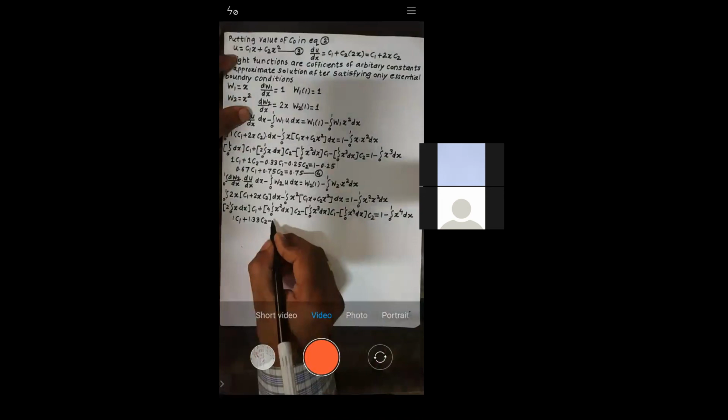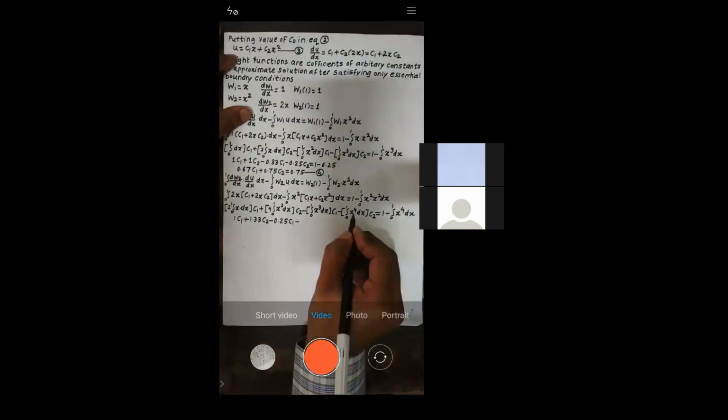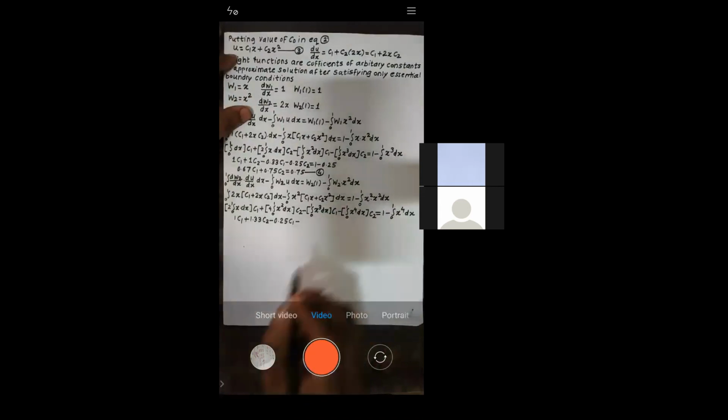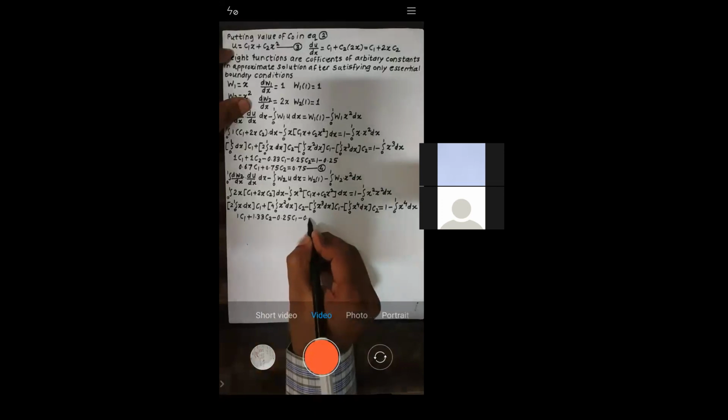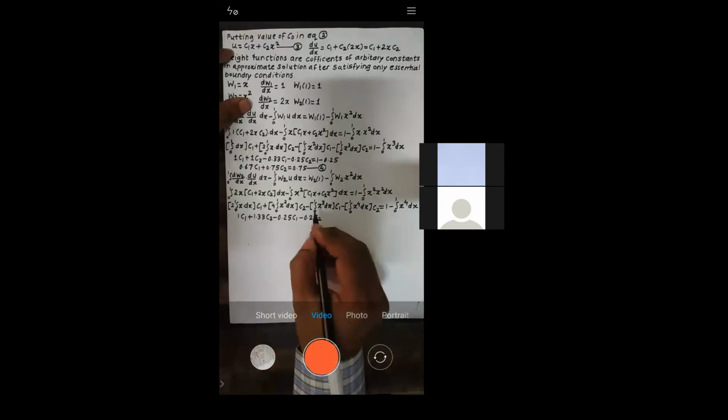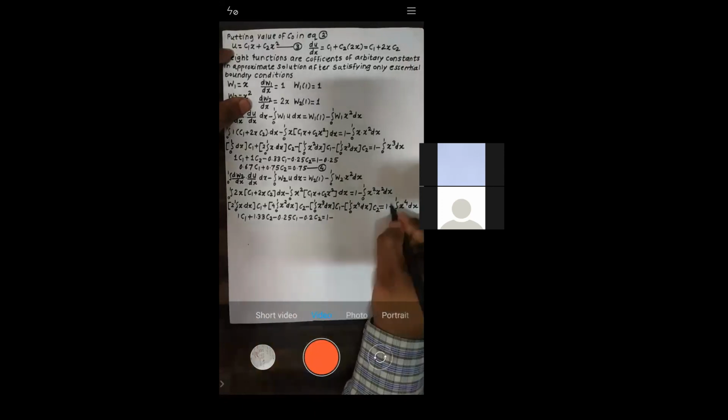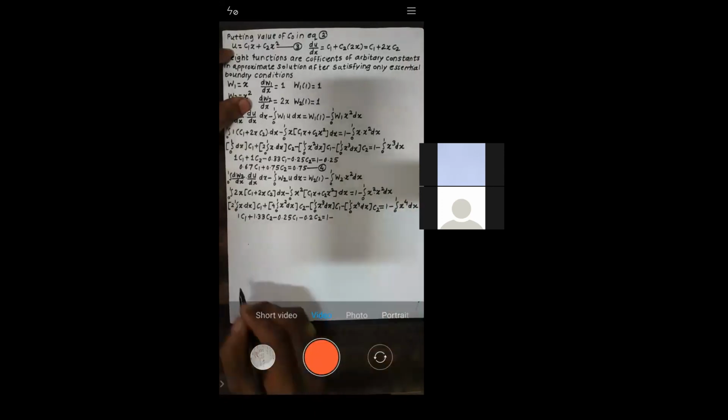Again, I'm writing minus as it is. Tell me this value. 0.2 C2, right? Is equal to 1 minus, tell me this value. Same, 0.2.